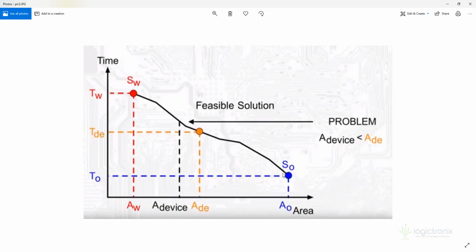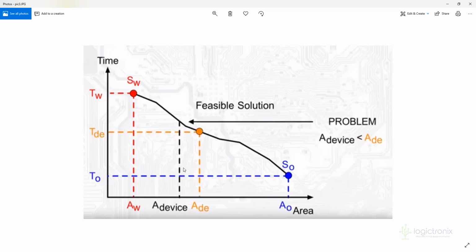So the job of the designer is to be able to fit the design in the required FPGA. If the area of the device is less than the required area for the given throughput, then that will be a problem.